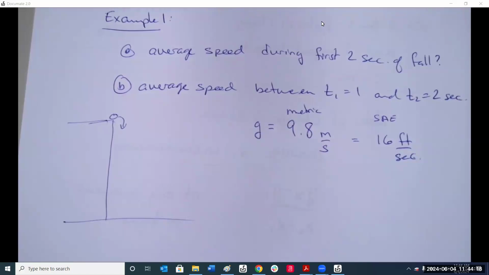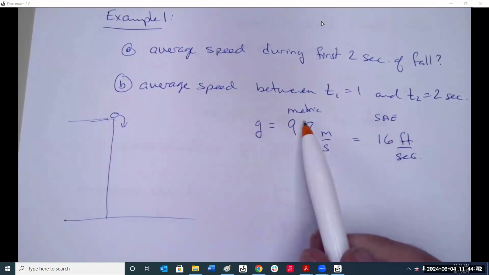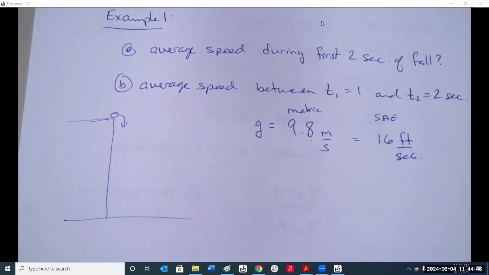Americans are the only ones that don't do metric. If they build things and they don't convert to metric, then the size of their part of the ship is not going to fit everybody else. So you have to make sure, to begin with, what system you are using. So gravity in the metric system is 9.8, SAE is 16.